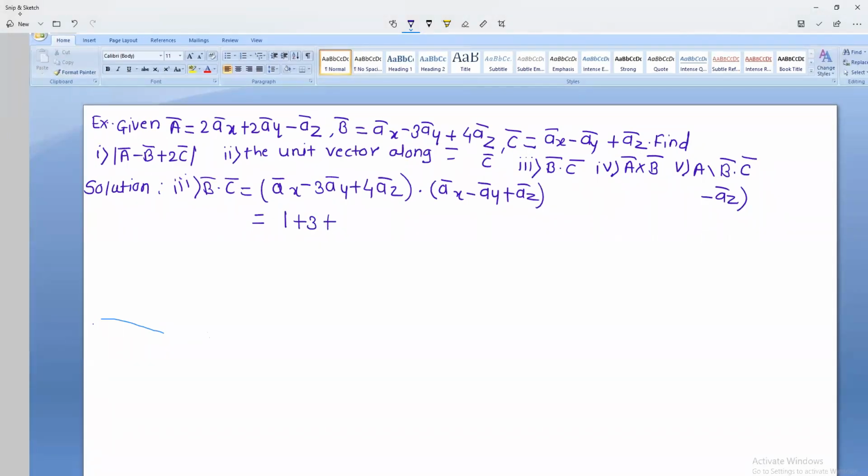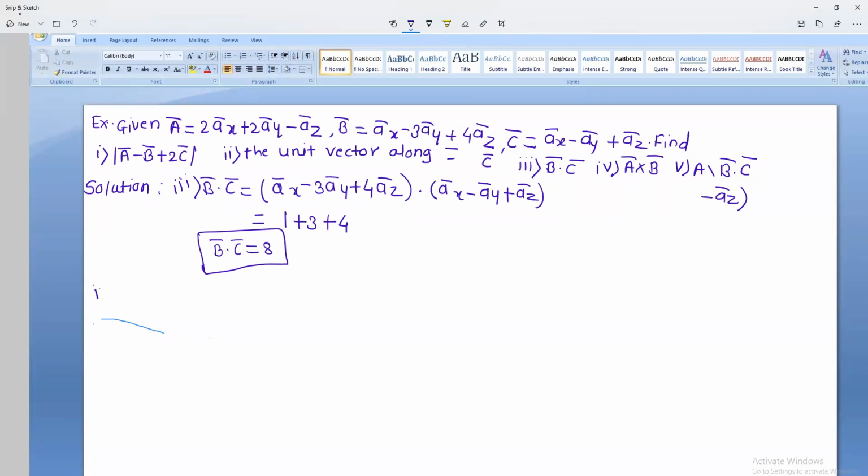And plus 4 into 1, that is 4. So B bar dot C bar is equal to 8. Such questions are asked as MCQs in previous year question papers.